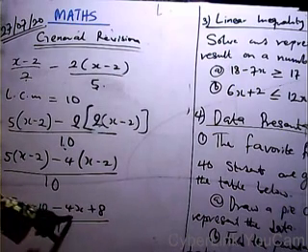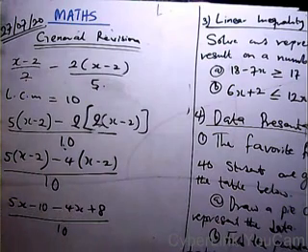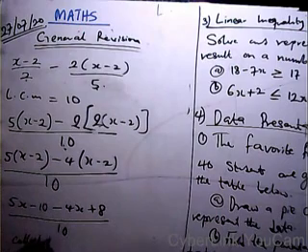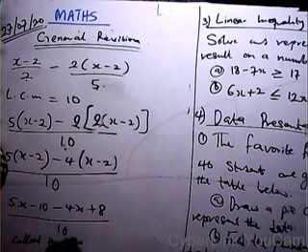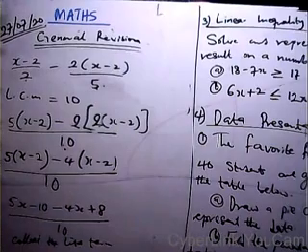5 and 4, because of their x, are alike, so collect the like terms. You now have 5x minus 4x minus 10 plus 8, everything over 10. Are you still following?